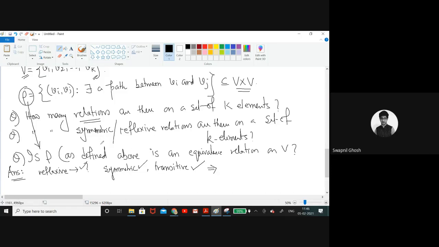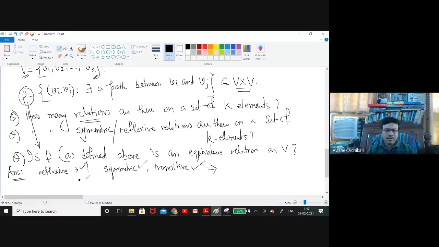Sir, but for the reflexive part, if there exists a path between vi and vi, it kind of means there exists a self loop, which is not necessary. No, not necessarily a self loop.